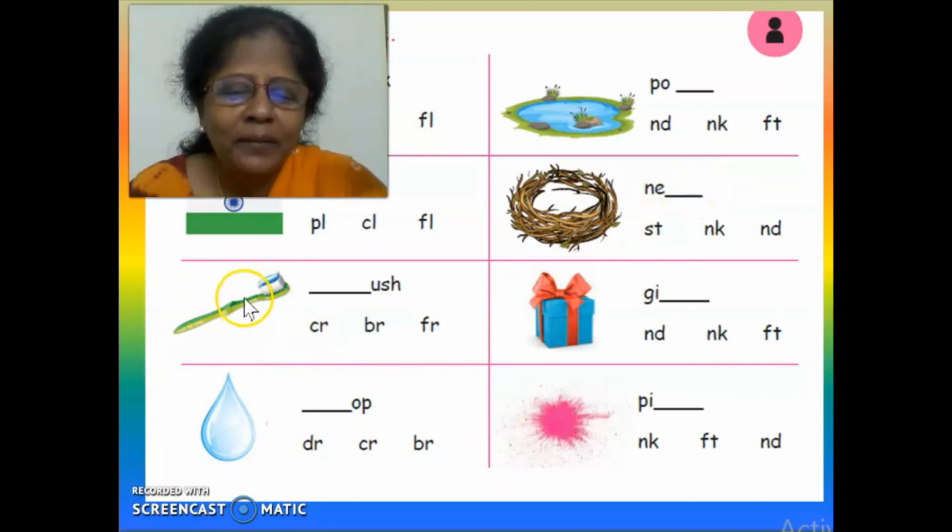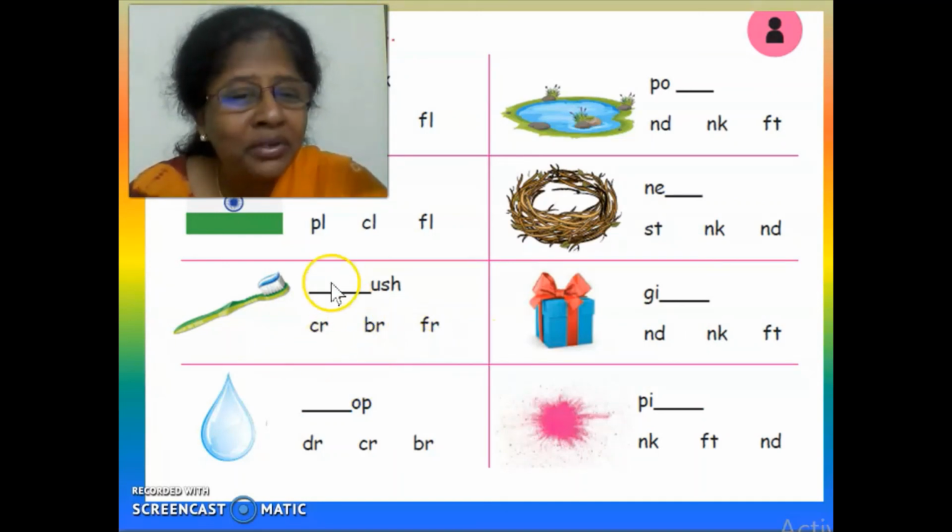And this is a toothbrush. We have the sounds cr, br, fr. What goes in here? Brush. Br goes in there. Next we have a parcel, something packed up nicely to be gifted. So this is a gift. They're giving you nd, ink, ift. What goes in here? The ift goes in the gift.